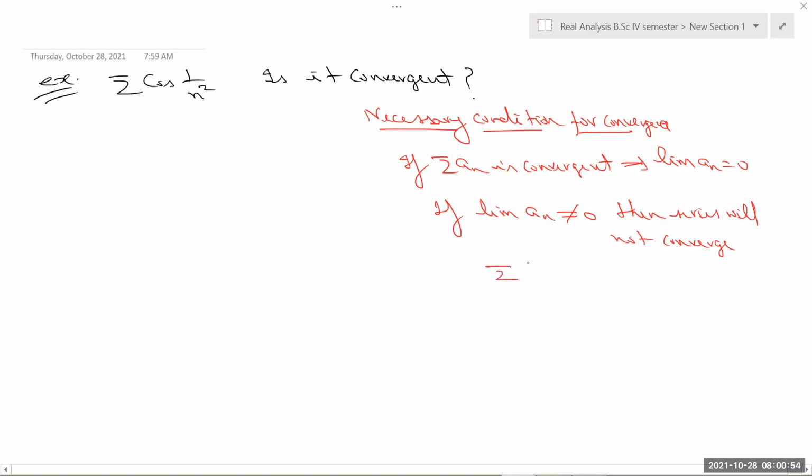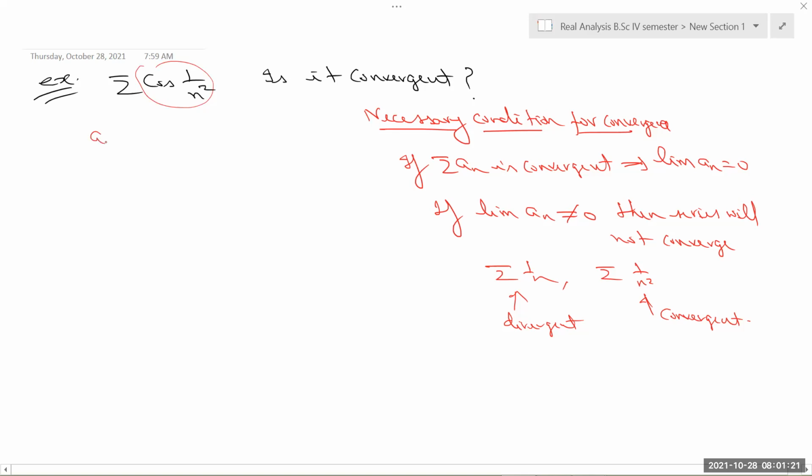Look at summation 1 by n and summation 1 by n square. The nth term of both is tending to 0, but this one is divergent and this one is convergent. But in this case, when n tends to infinity, look at the limit of the nth term first.